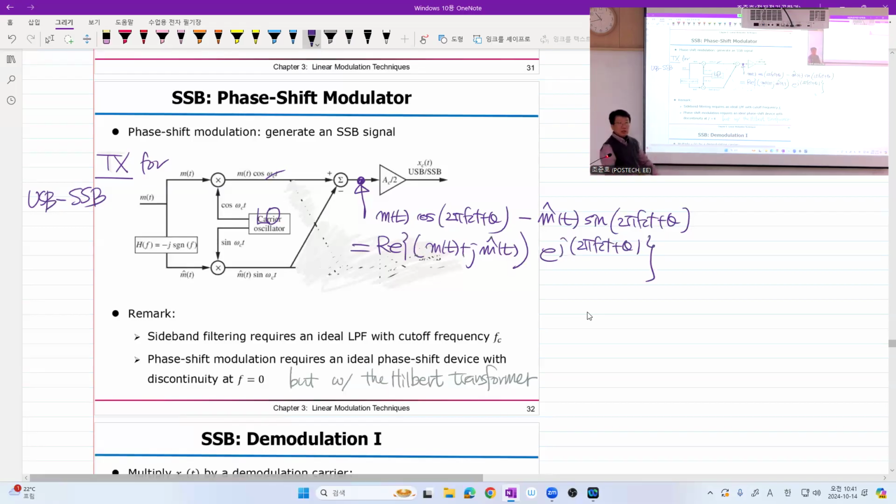Got it? So, what is this? This is the positive sideband of the message, right? Or the upper sideband part of the message. If we put 1/2, so let me put 1/2 somewhere.